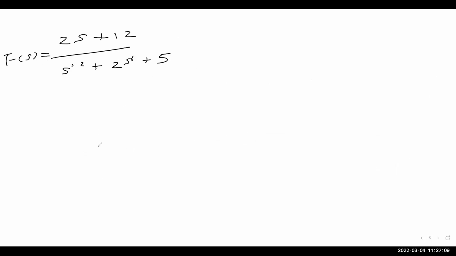Now if you get the b squared minus 4ac of this, it will actually give 4 minus 20, that's minus 16, which is less than 0.